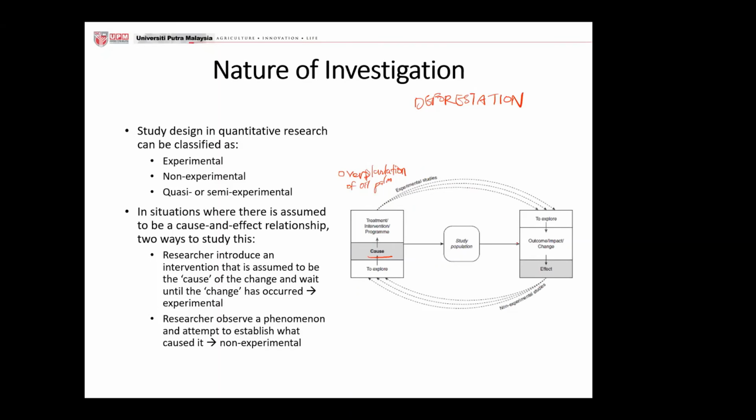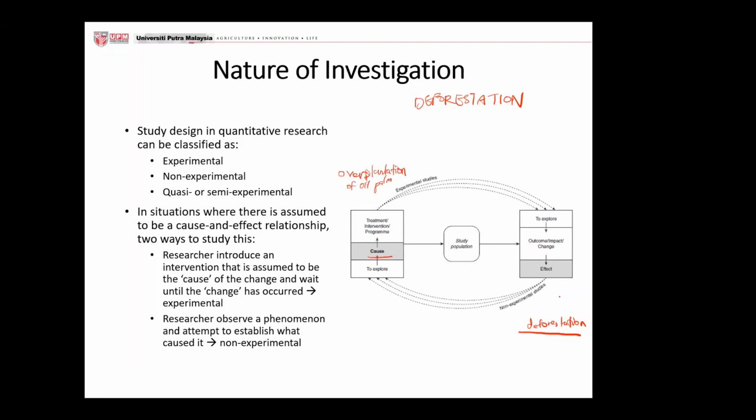Whereas if we have something the other way around, maybe here I want to look specifically at the deforestation, because that is already the effect of something, but I don't know what the causes are. Again, here could be one potential thing, but it can also be other things as well.